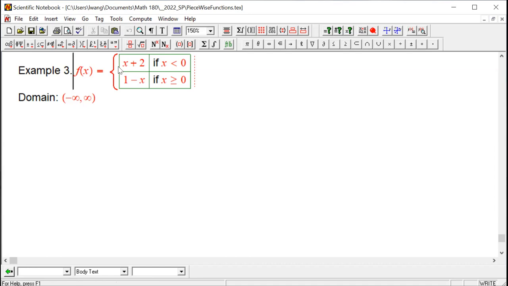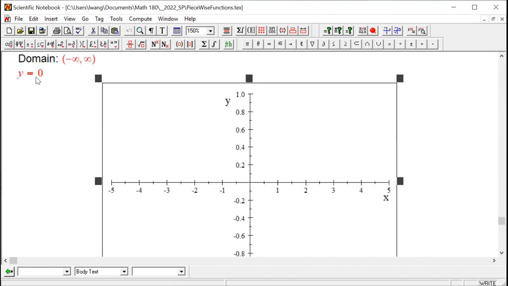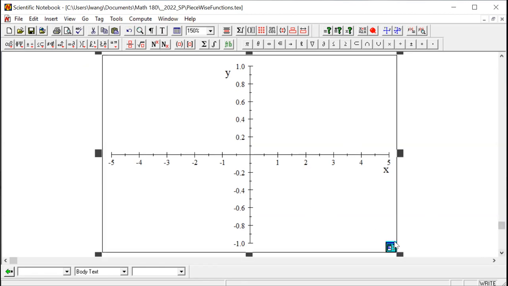One way to graph it is, for x less than 0, right? And what is x less than 0? So I'm going to show you, I'm going to get you a rectangular system. Okay, so we have a rectangular system here.